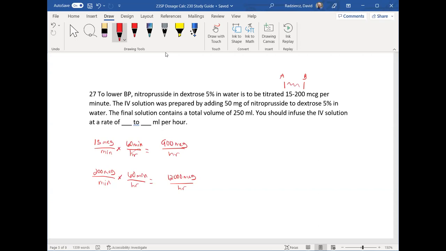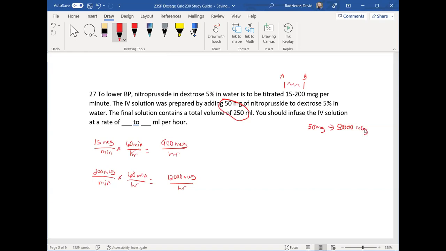And I'm going to do that by using the 50 milligrams, 250 ml. So the first thing I'm going to do is convert milligrams to micrograms, just because these are already in micrograms. So my strategy is I try and do the least amount of switching things around as I need to. And so 50 milligrams is the same thing as 50,000 micrograms.